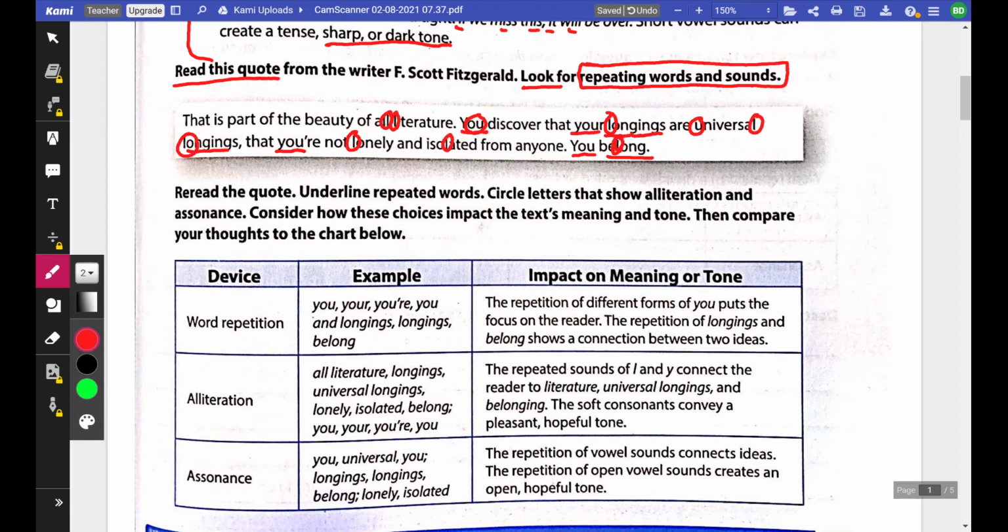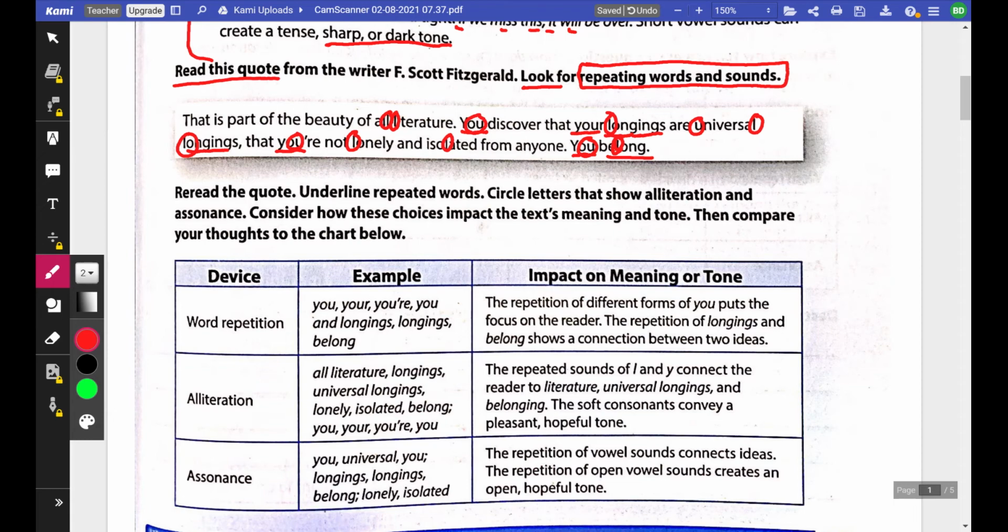In your, that's being repeated. Where else? Right there again with our you. So all of those different sounds are being repeated. There are quite a few that we could pick out. This is a very repetitive quote with our words and our sounds.